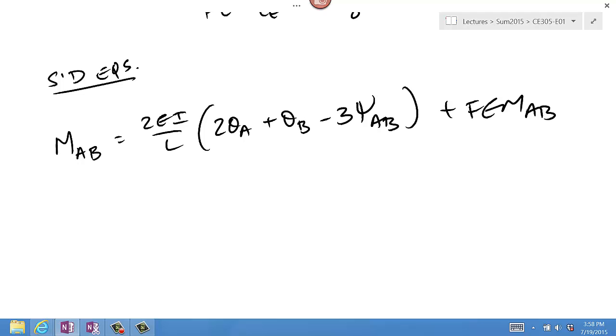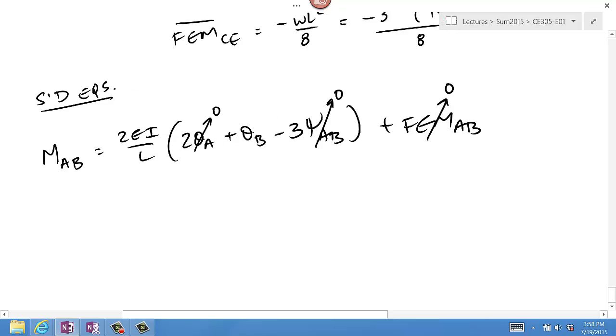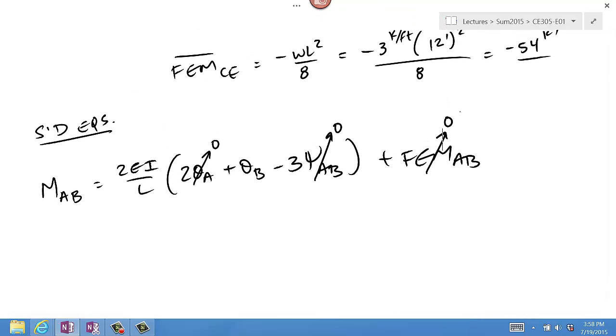In this case, you're given all the individual values of I, so you can just plug those in directly. Theta A was 0, psi AB is 0. For this span, FEM AB is 0 because the span is not loaded.